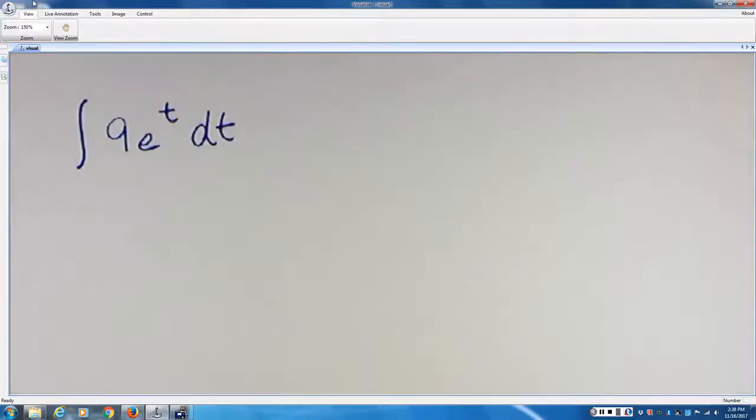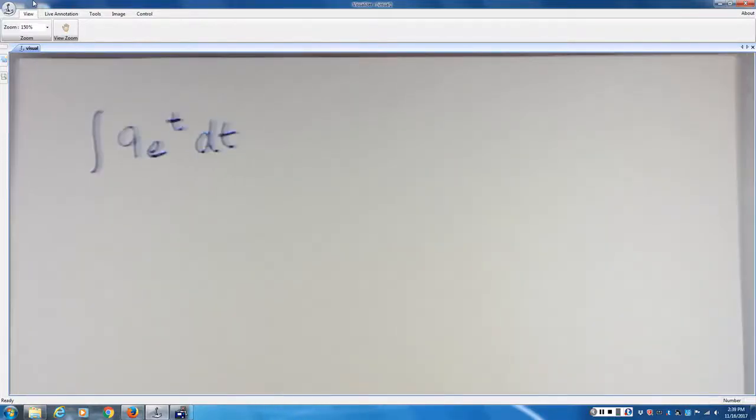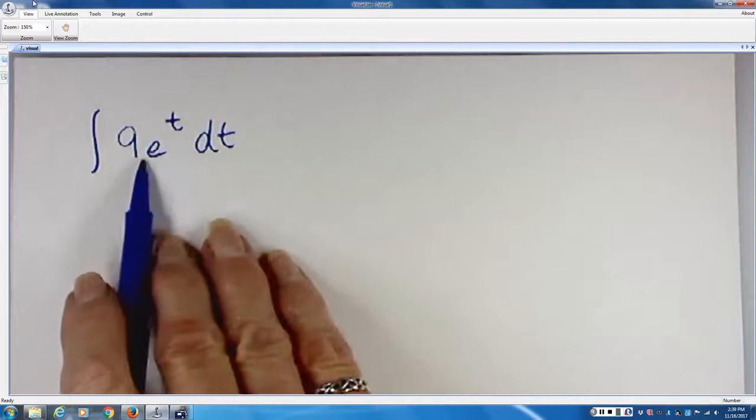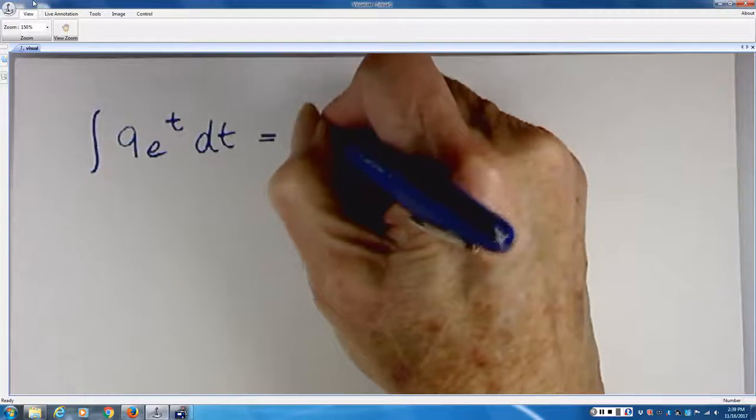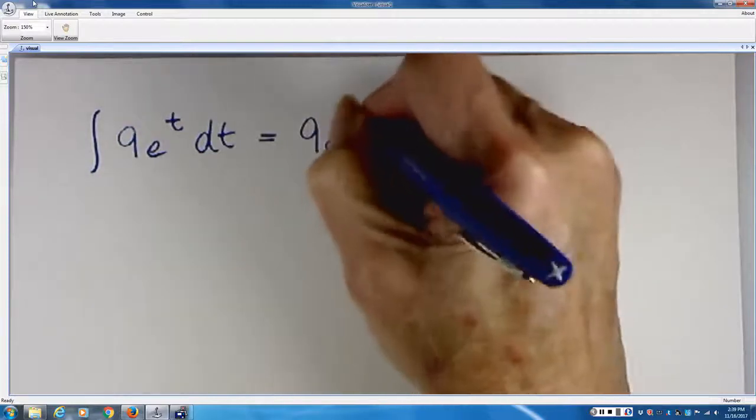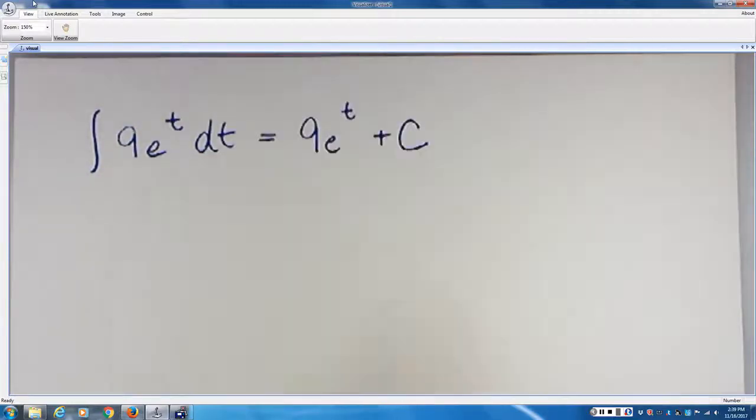And the integral of 9e to the t dt, remembering that the 9 is just a coefficient, so it's a hitchhiker. So our integral is just 9e to the t plus c.